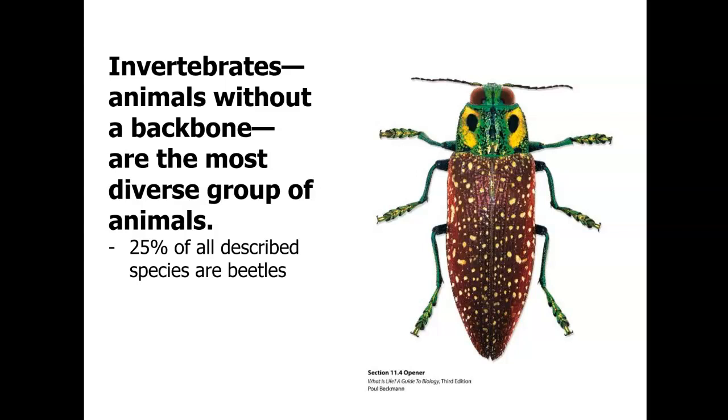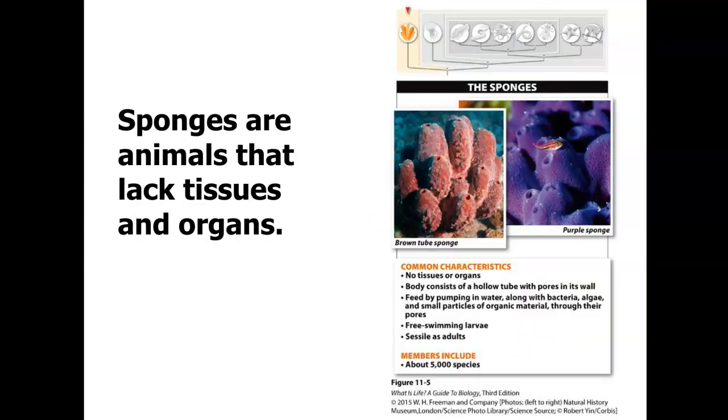Invertebrates, animals without a backbone, are the most diverse group, with 25% of all those described being beetles. That is the largest type of insect, or largest type of invertebrate, for a single type.